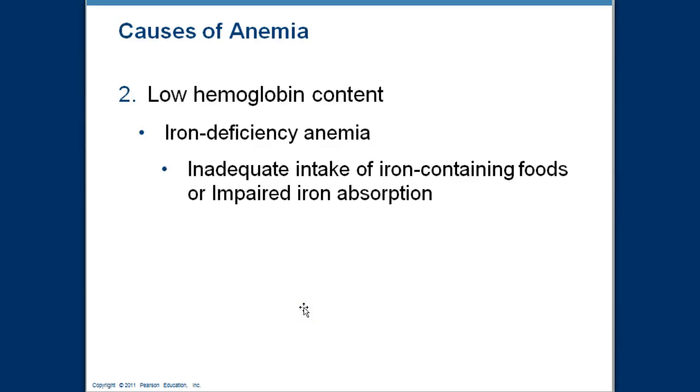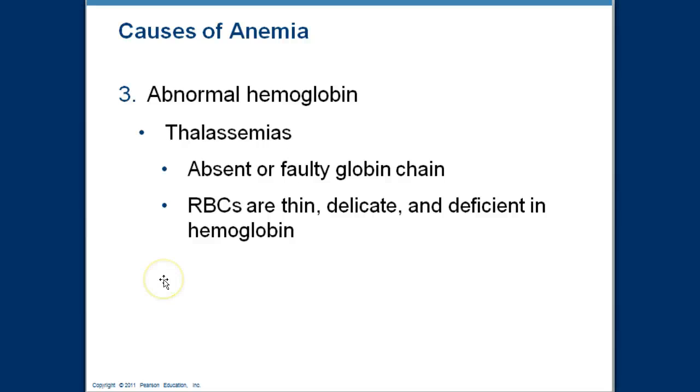Another reason that you might have low oxygen carrying capacity would just be that you don't have enough hemoglobin, perhaps because you don't have enough iron in your diet. The third cause of anemia is abnormalities in the hemoglobin itself. Generally a genetic abnormality that leads to the production of an abnormal hemoglobin.